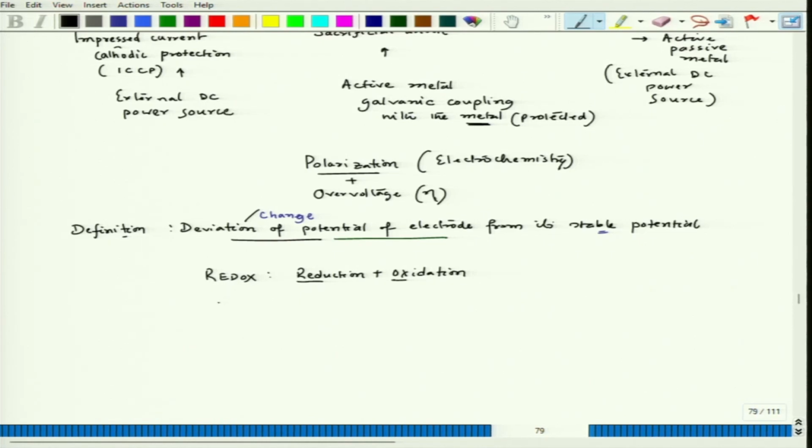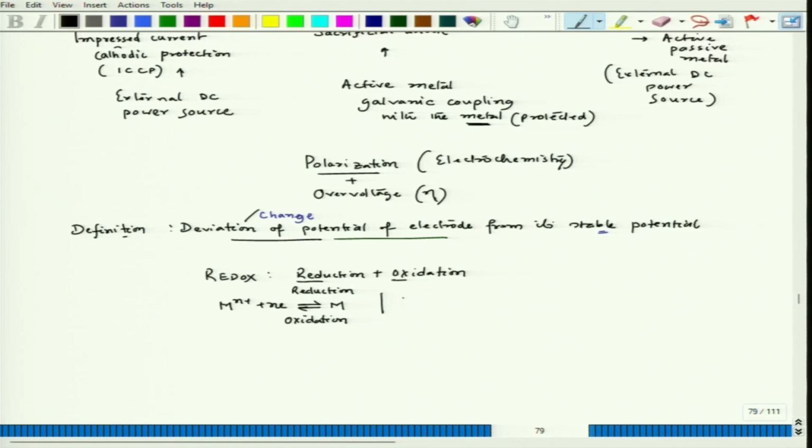Now, if we consider a simple example like M^n+ + ne- = M, if it goes this way, it is reduction, and if it goes this way, it is oxidation.